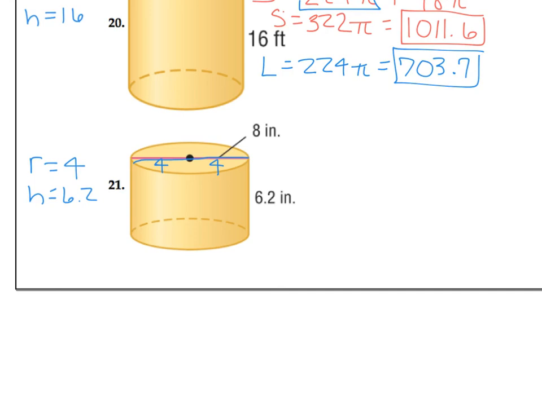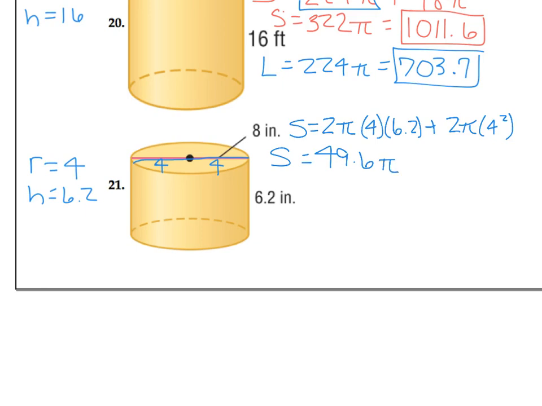Let's take a look here. Our surface area is 2 pi times our radius times our height plus 2 pi times our radius squared. First I'm going to take that 2 times 4 times 6.2, and that'll give me 49.6 pi.